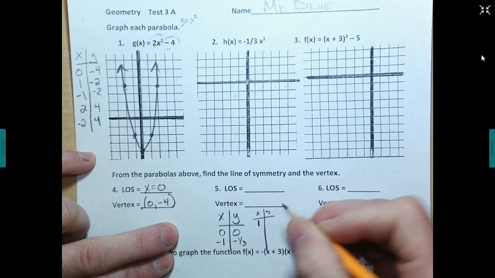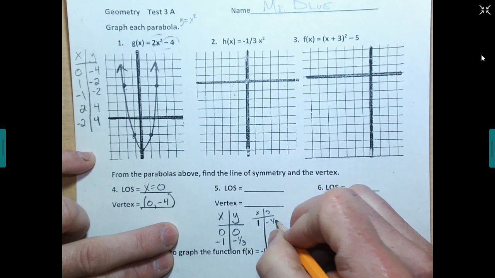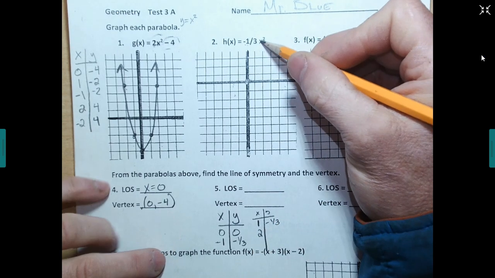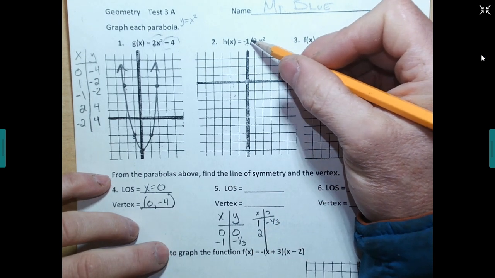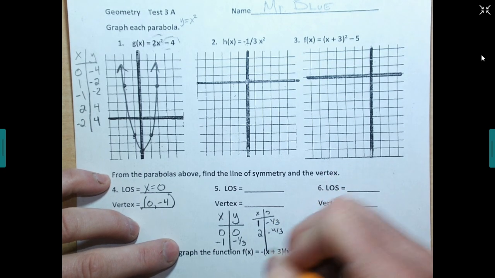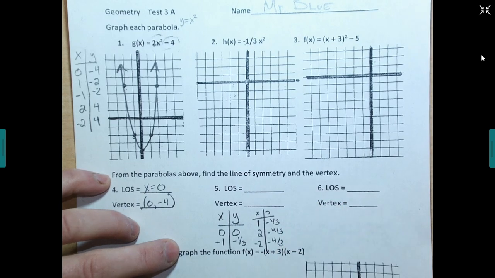What if I have 1? 1 squared is 1. I have -1/3. About 2. 2 squared is 4. 4 times -1/3 is -4/3. -2 is also going to be -4/3.